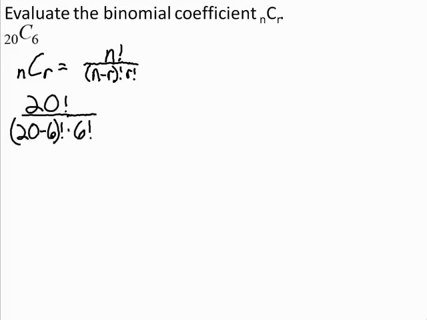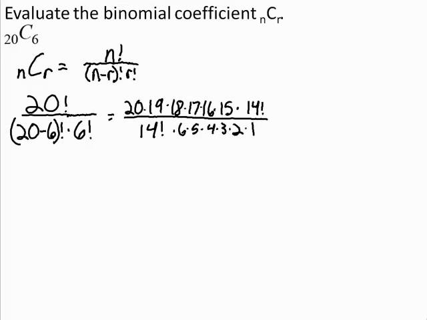You are left with 20 factorial divided by 20 minus 6 factorial times 6 factorial. 20 factorial can be written as 20 times 19 times 18 times 17 times 16 times 15 times 14 factorial. 20 minus 6 factorial is 14 factorial, and 6 factorial is 6 times 5 times 4 times 3 times 2 times 1. The 14 factorials cancel out. This simplifies to 38,760. So 20C6 is equal to 38,760.